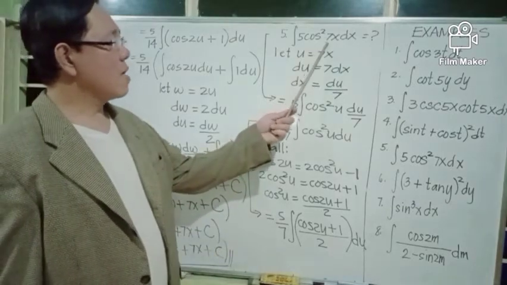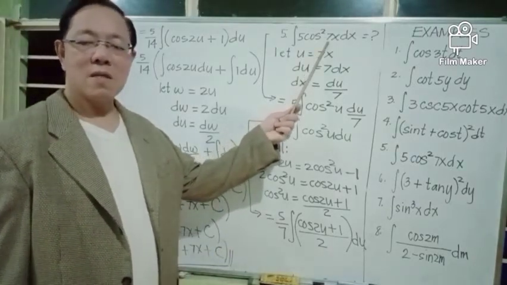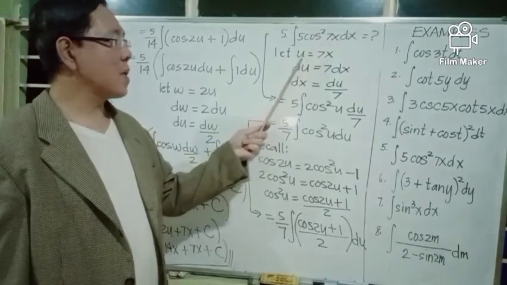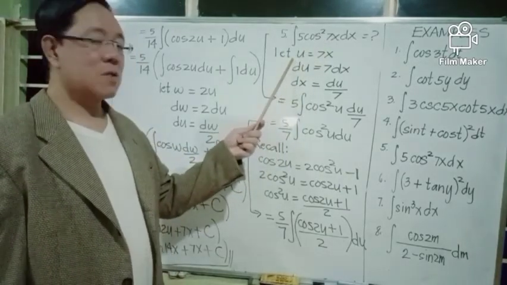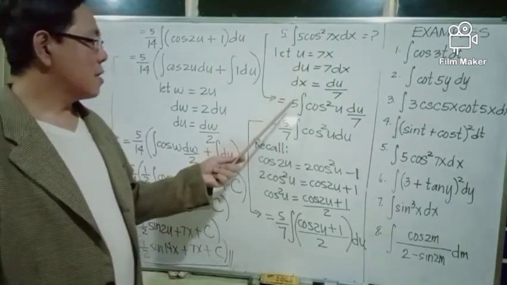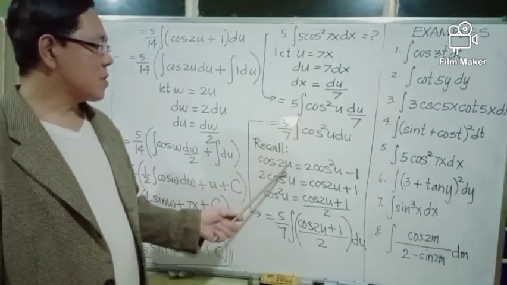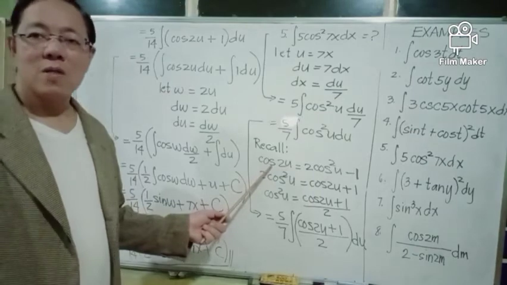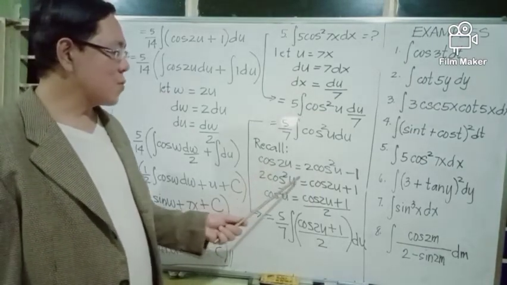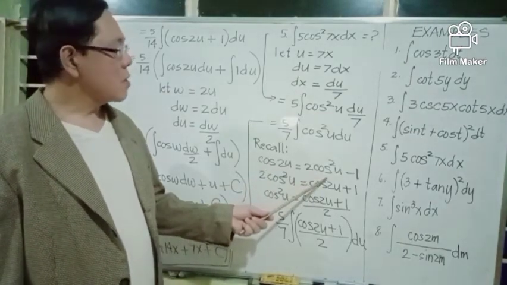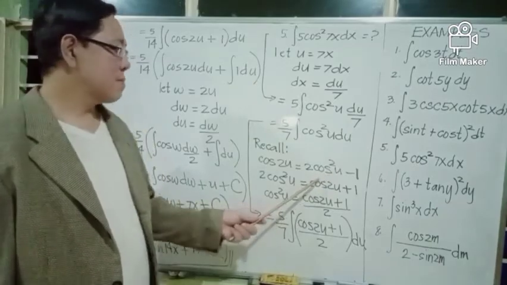Again, if the angle is not a single variable with coefficient of 1, make use of this substitution. In this example, we made use of this trigonometric identity for the cosine of twice an angle, from which we solve for the square of cosine.